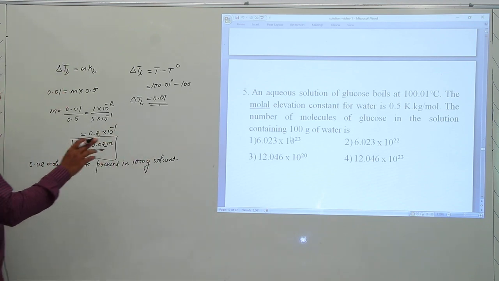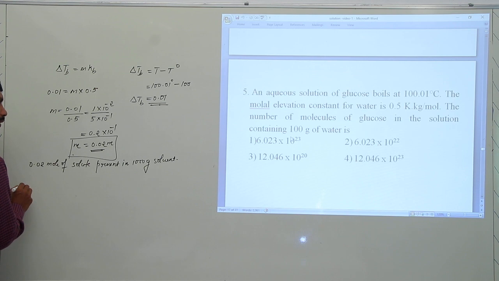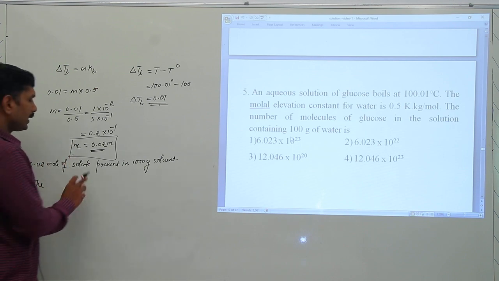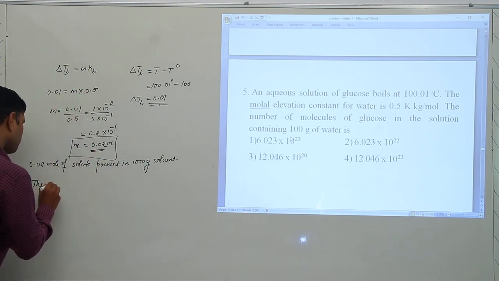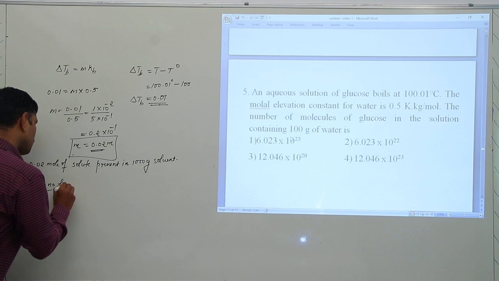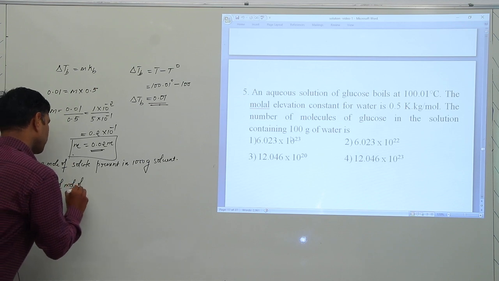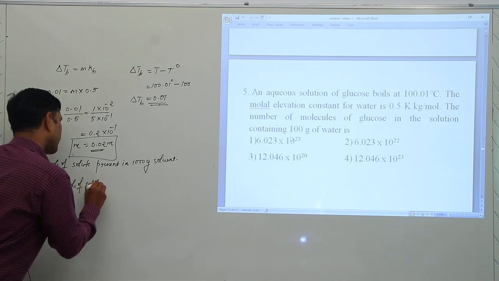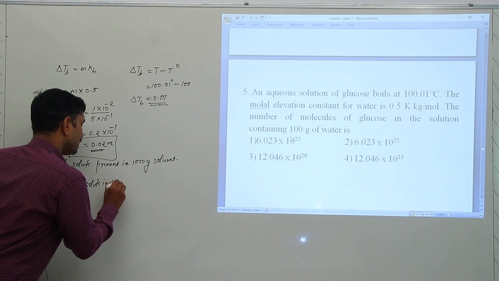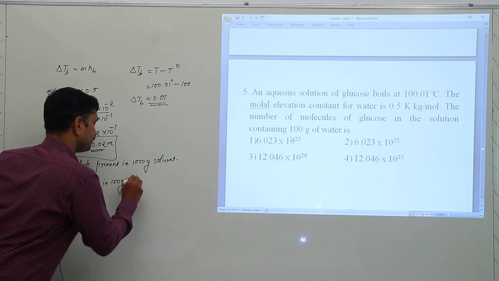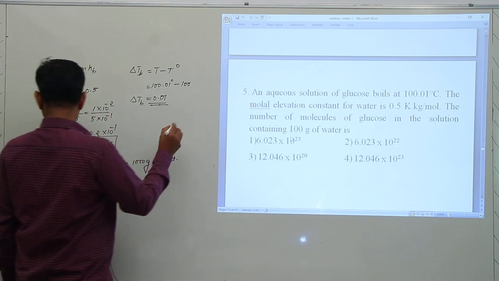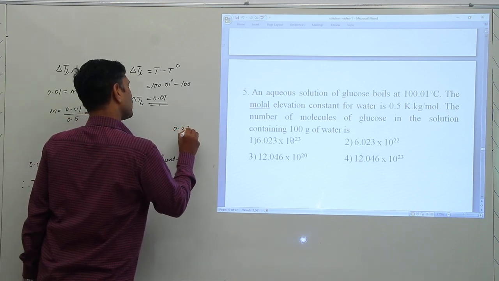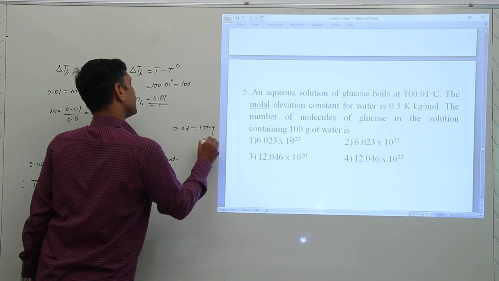Therefore, my question here is the number of molecules, but first for 100 gram. Therefore, first find the number of moles of solute in 100 gram of solvent. By cross multiplication, we know that 0.02 mole is present in 1000 gram.